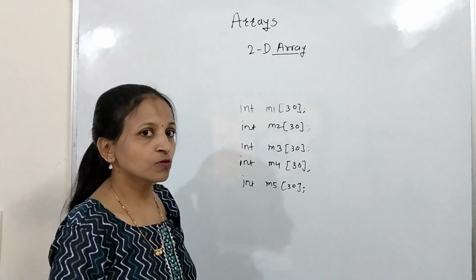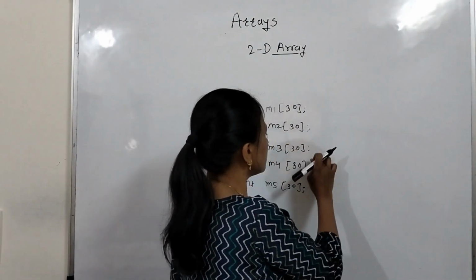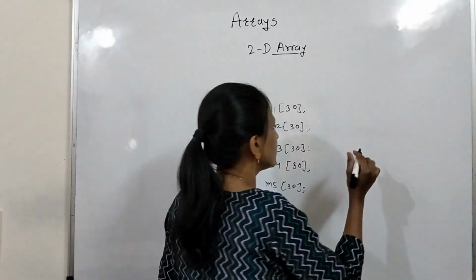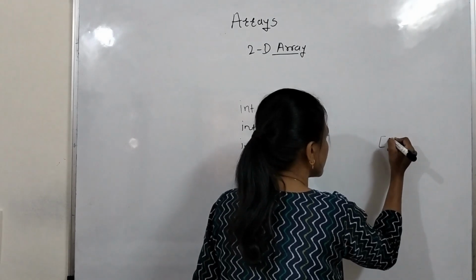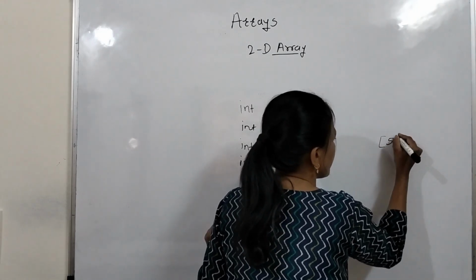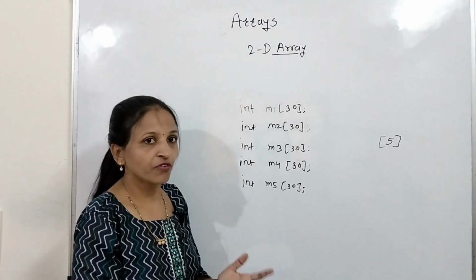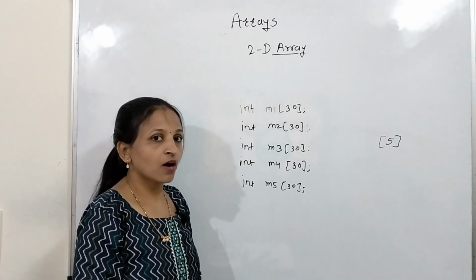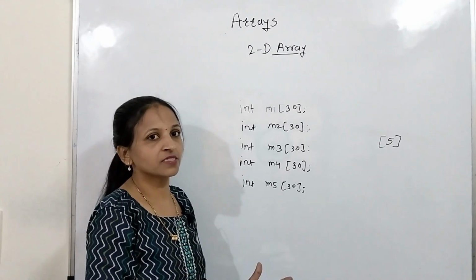Okay, now how to do that? See, here we have to create an array of 5 elements, and for that we will write 5 in square brackets, because I want to create an array of 5 elements, and each individual element will have internally 30 elements in it.